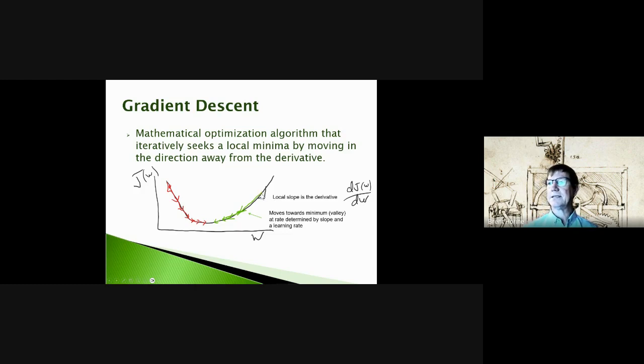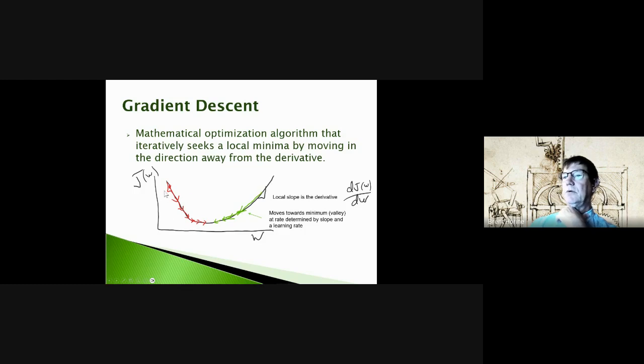Then let's say we end up right here, right? Again, this is a trivial example in just one dimension, in one W here, but we're right there, right? And that's all we really know.